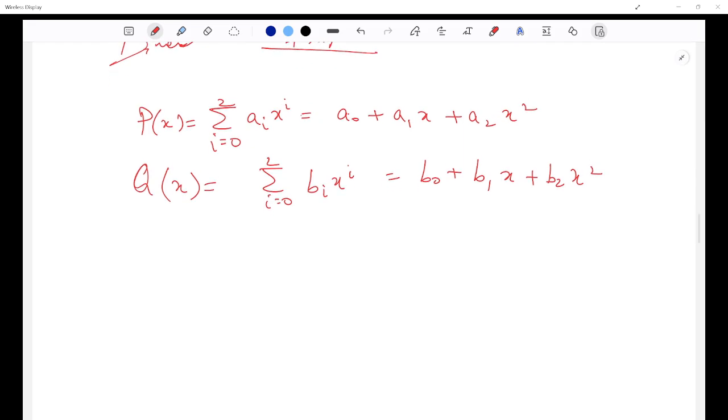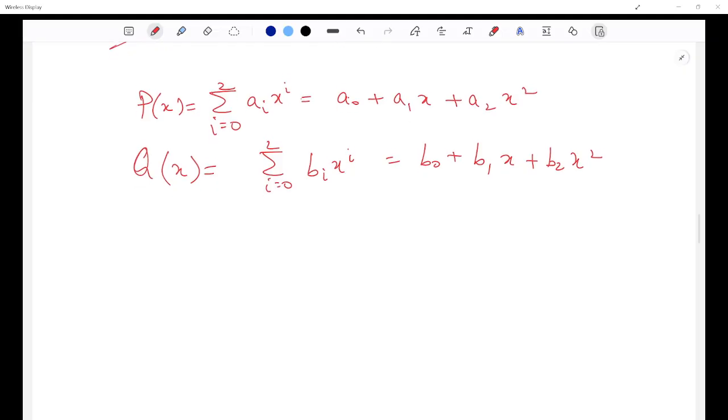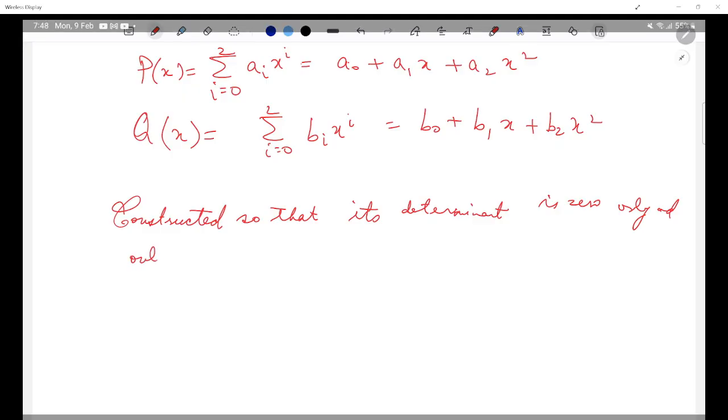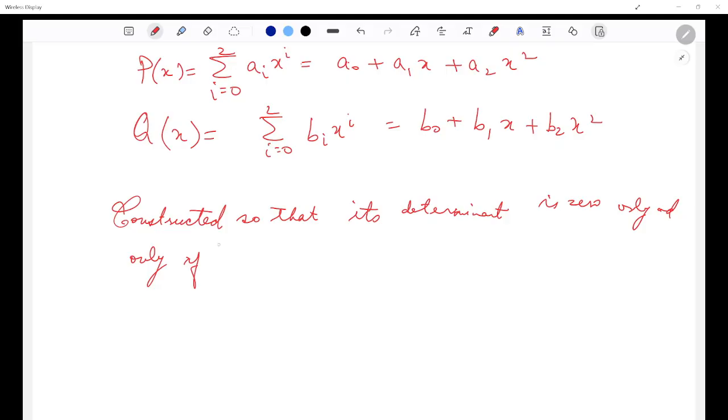So what is a Sylvester matrix? It is constructed so that its determinant is 0 if and only if the two polynomials have a common root.